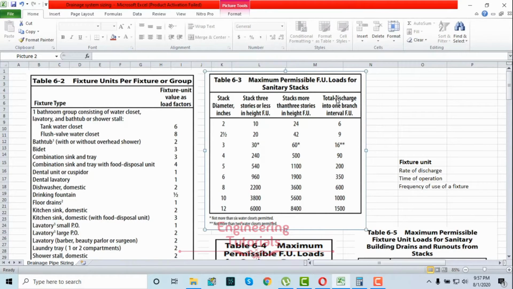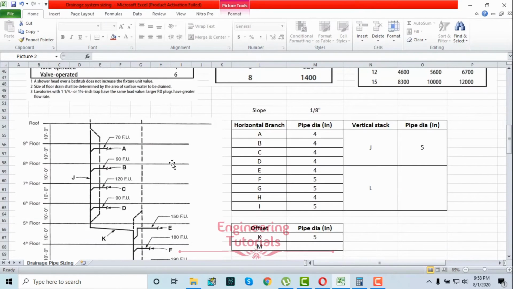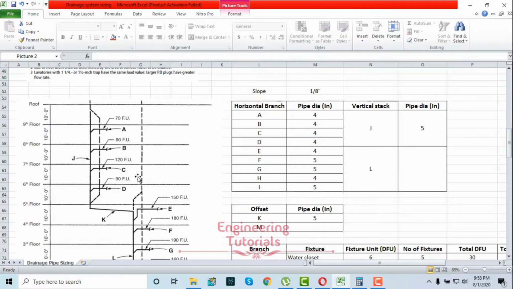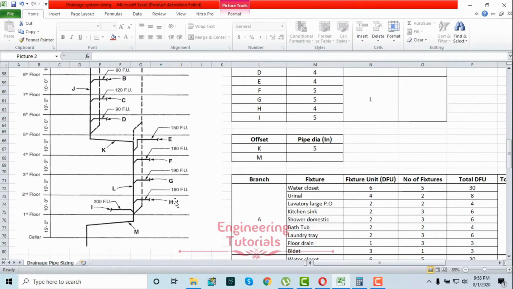At the same time we have to check the total discharge in one branch interval is 300 fixture units. So each branch interval should not exceed 300 fixture unit value. So let's check and verify the condition. The maximum fixture unit in each branch interval is 200.